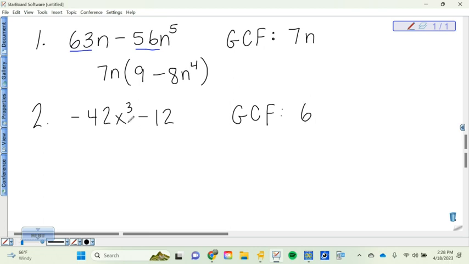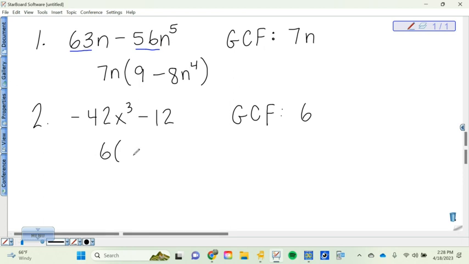This one has 3 x's. How many x's does the 12 have? None. So can I take any x's from both of them? No. So my greatest common factor is just 6. So I stick the 6 out front, and I have parentheses.